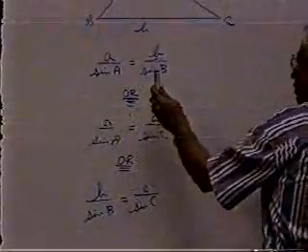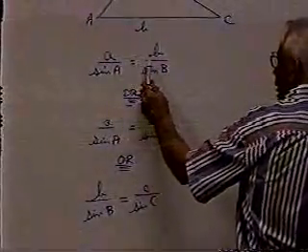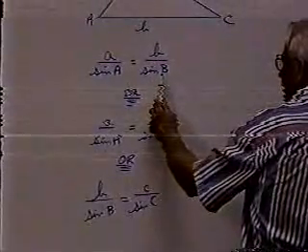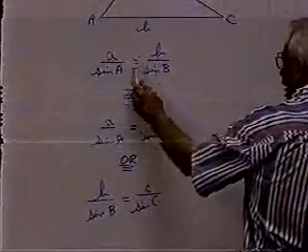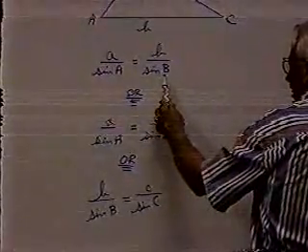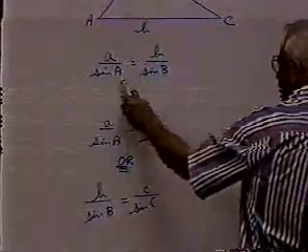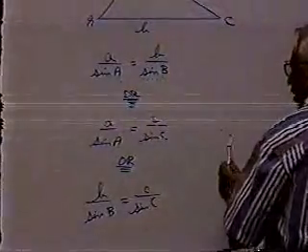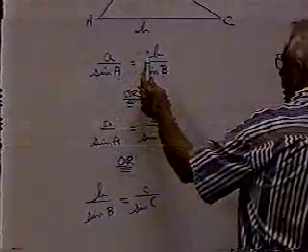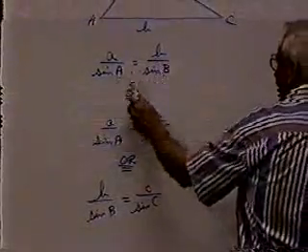In other words, if they give you 2 sides and one of the angles, not included between the sides. 2 sides and an angle that's not included between the 2 sides. In other words, an angle that's opposite one of those 2. Or if they give you 2 angles and one side that's opposite those 2 angles.